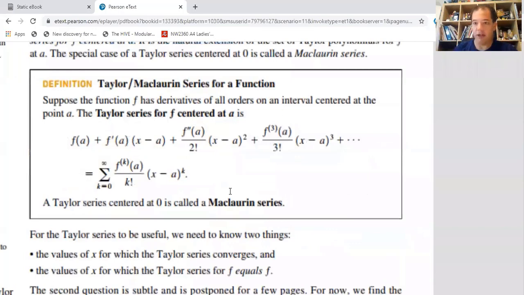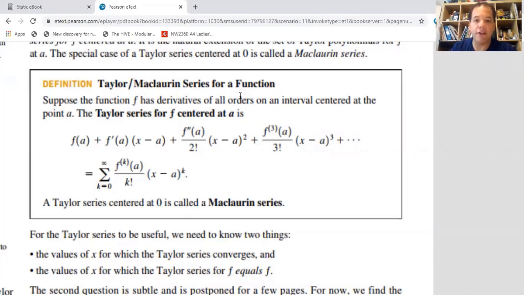So here is the description that we're talking about. The Taylor, or also called Maclaurin, so we have also this name. We sometimes call them Taylor series. Sometimes we call them Maclaurin series. And the difference is we say Maclaurin when the center is 0. You have realized already that we use 0 a lot. It's one of those points that makes sense to have as a center many times.